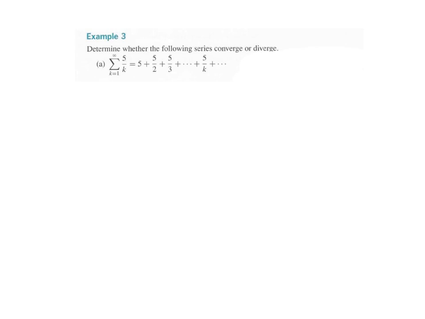The first one we're looking at is this one. I think pulling the constant, you might already see it, but pulling the constant should make it really obvious. So 5, k equals 1 to positive infinity, 1 over k. So this one diverges.